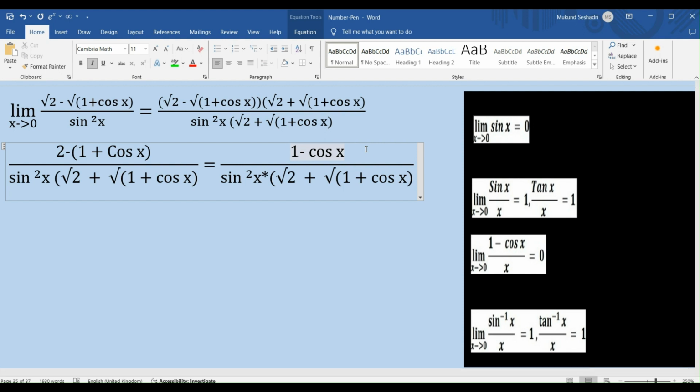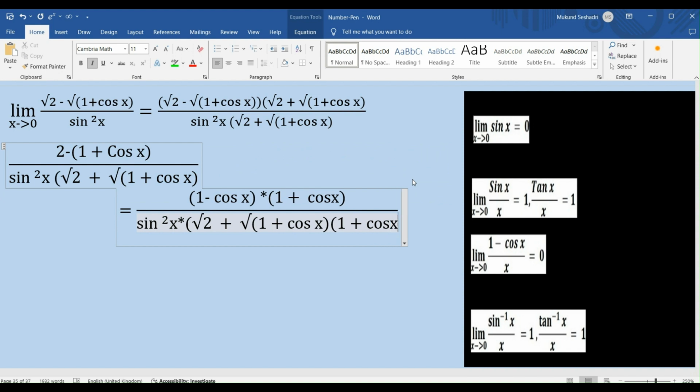Now I have a 1 minus cos x in the numerator. I can rationalize this further, right, by doing 1 plus cos x and further multiplying my denominator by a 1 plus cos x, right?